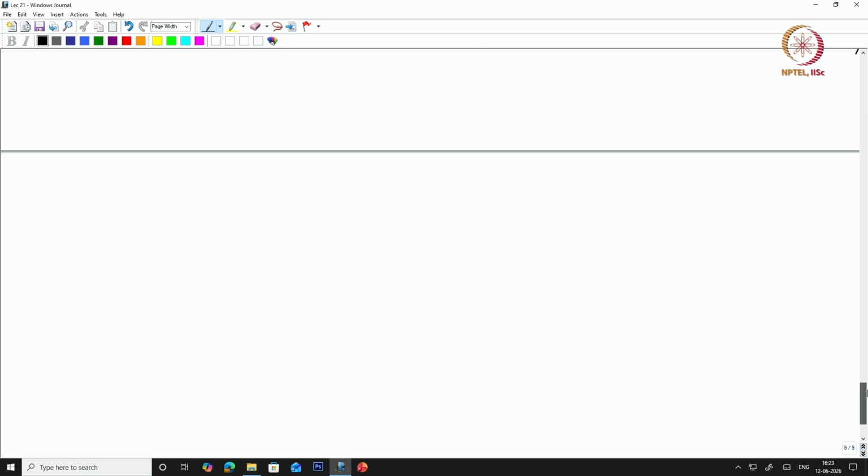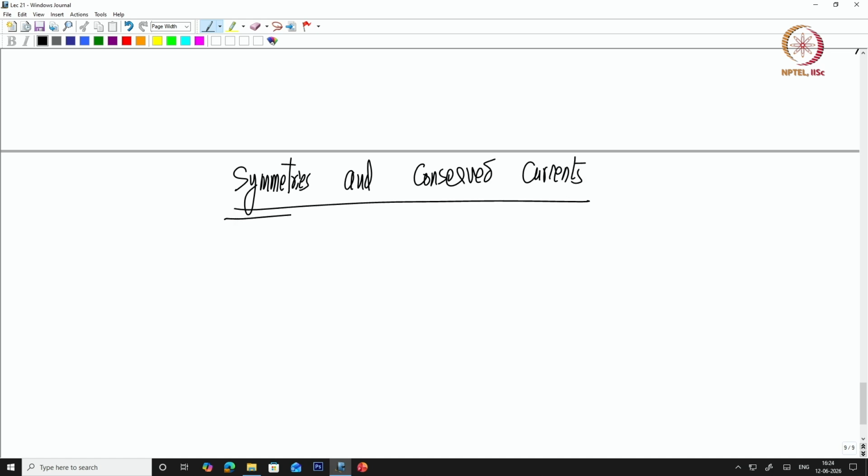Let us look at some other symmetries, and after this we will move to the quantization of the Dirac equation, the Dirac fields. So, the first thing is space-time translations.